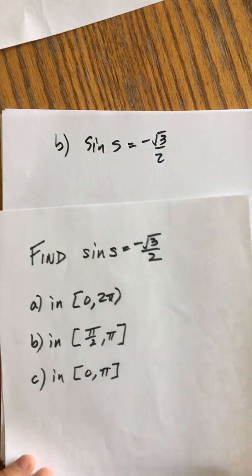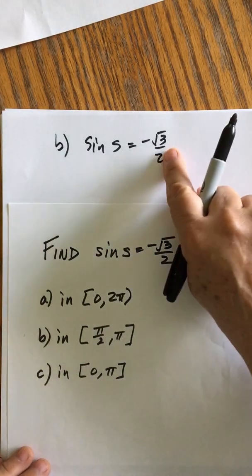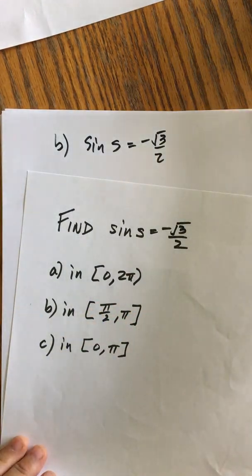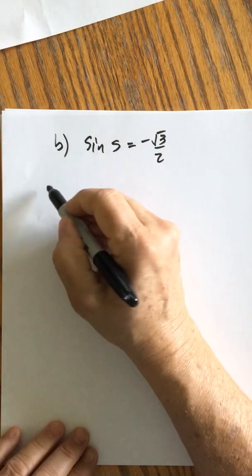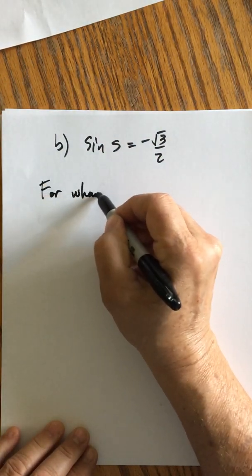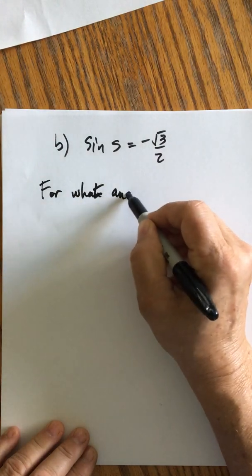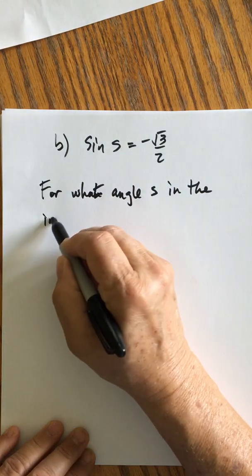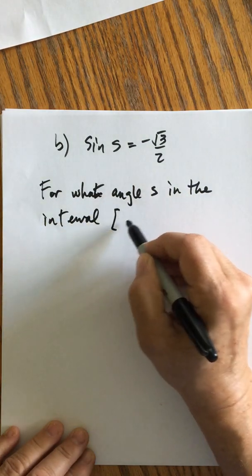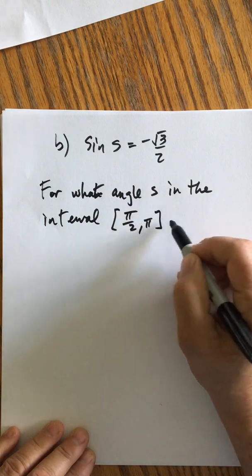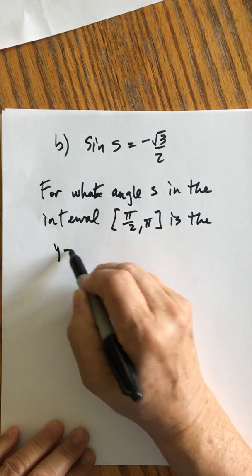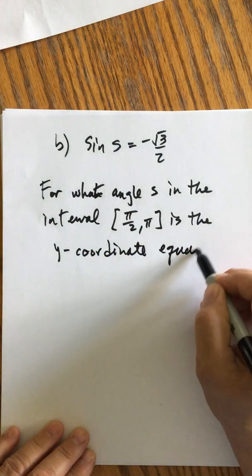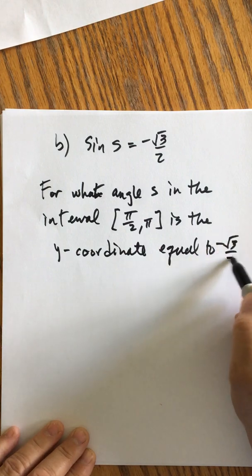Hopefully you're saying, for what angle is the y coordinate a length of negative square root 3 over 2, but I'm only allowed to look from pi over 2 to pi. Let me write that out: for what angle S in the interval pi over 2 to pi is the y-coordinate equal to negative square root 3 over 2.